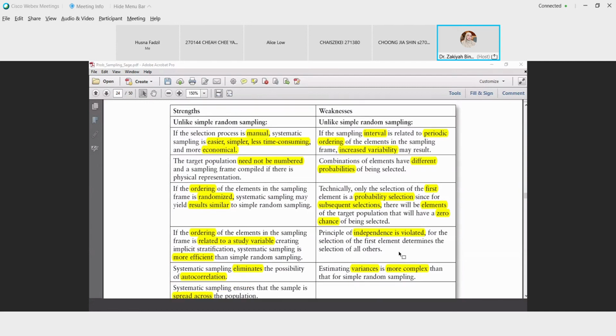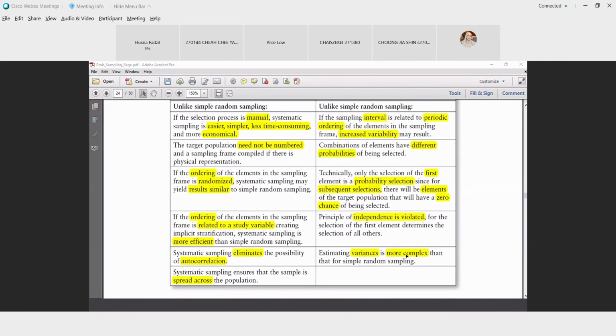The principle of independence is violated in that sense, because the selection of the next element depends on the first element. You can imagine this, right? And estimating variance, of course, will be more complex than for SRS.